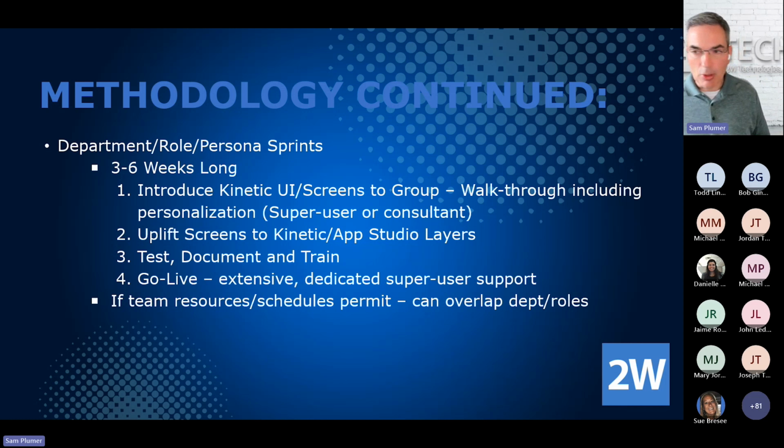But to stay with the example I started earlier, in the example of our inside sales and customer service department role persona, that group is going to undertake a sprint to get from Classic to Kinetic UI.